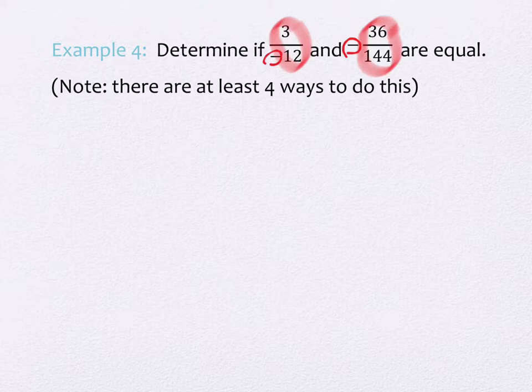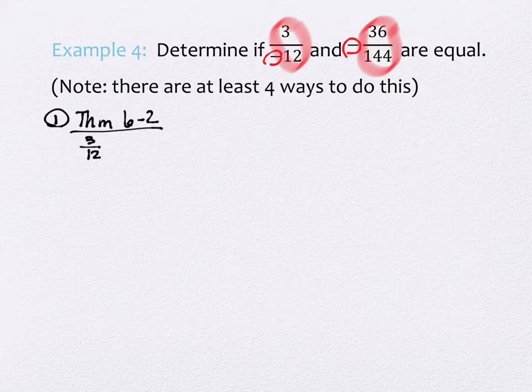For the meantime, we're just going to ignore the negatives because we know they match up already. All right, so the first way that we're going to check to see if these are equal is with the theorem we just talked about. This is theorem 6.2's strategy. If I have the fraction 3 over 12 and the fraction 36 over 144, and I want to know if they're equal, I'm going to put an equals with a question mark in between.